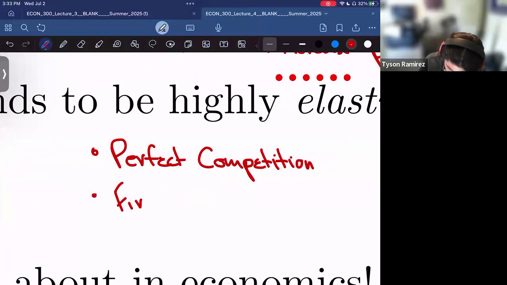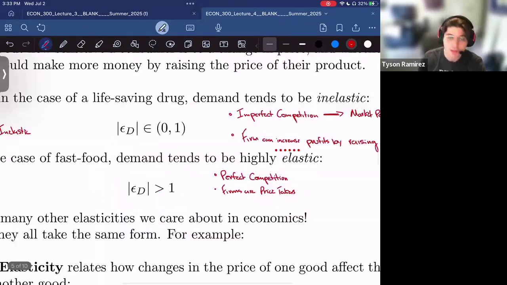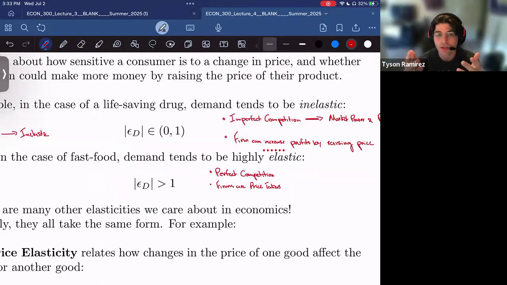In this case, businesses are price takers. Why? Because consider fast food, there's a ton of fast food around. Even fast food restaurants of the same franchise, like a Starbucks in North Seattle versus a Starbucks in Pike Place, can charge different prices for things. Will this affect revenues? It depends on the elasticity of the consumers in those areas.